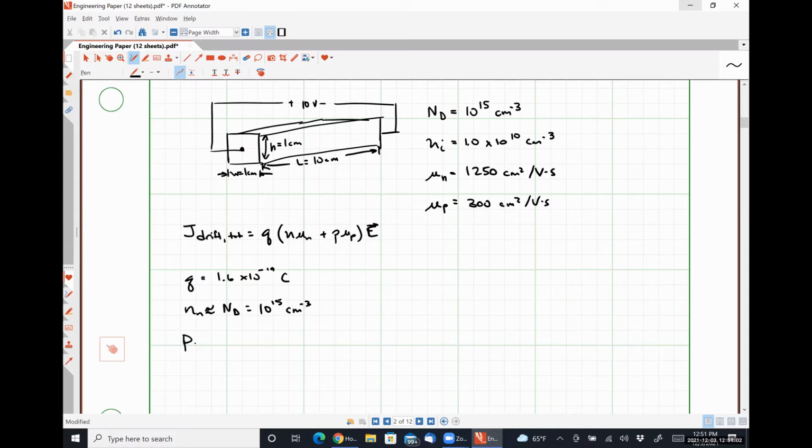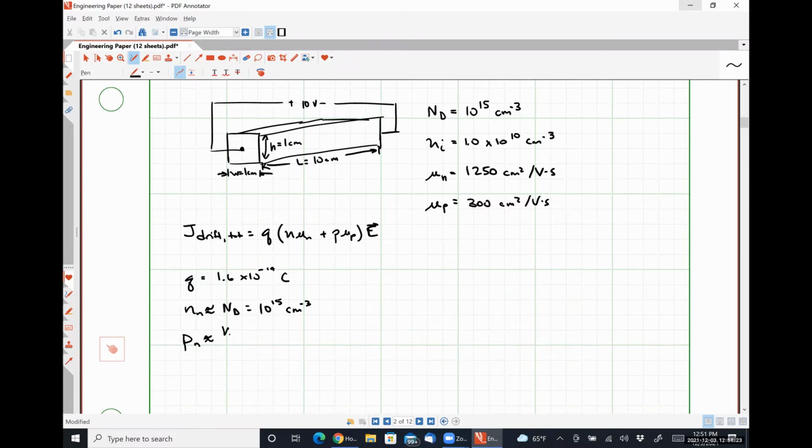Our hole concentration should be what? Approximately Ni squared over ND, right? Because the mass action law says that our electron concentration multiplied by our hole concentration has to equal Ni squared.